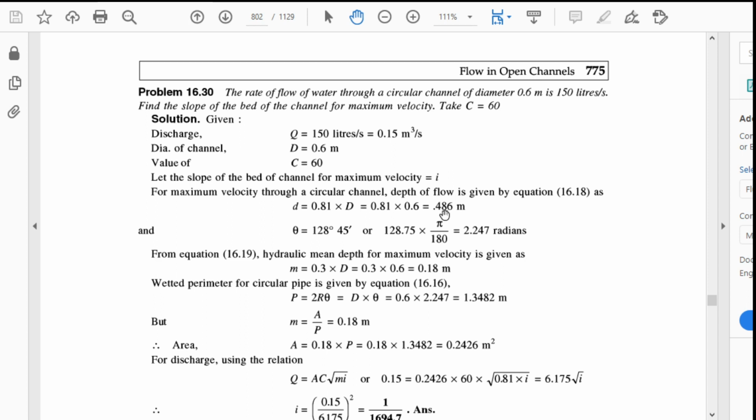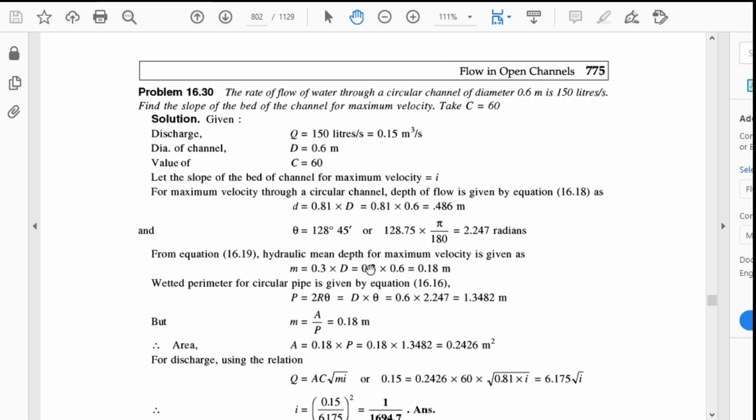Now the theta we already know is 128 degrees 45 minutes. This value is in degrees and minutes, so convert it into radians. For the conversion to radians, we multiply the degrees by pi by 180. So the value in radians is 2.247.